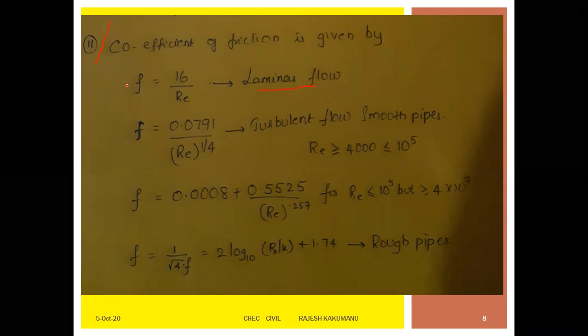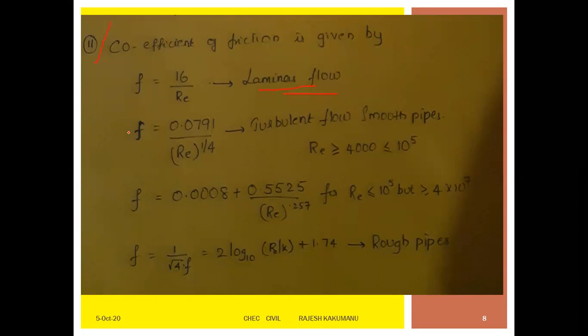Next, f is equals to 16 by Reynolds number. This is when the flow is laminar: f is equals to 16 by Re. Next, f is equals to 0.0791 divided by Re to the power 1/4.